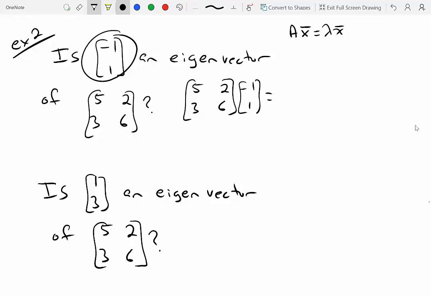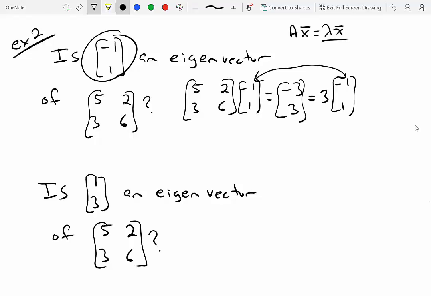And what I get is 5 times -1 plus 2 times 1, so that would be -3. And then 3 times -1 plus 6 times 1, that would be +3. Now I want to know, is this a scalar multiple of the original one? It turns out that this is equal to 3 times -1, 1, where these two are exactly the same.